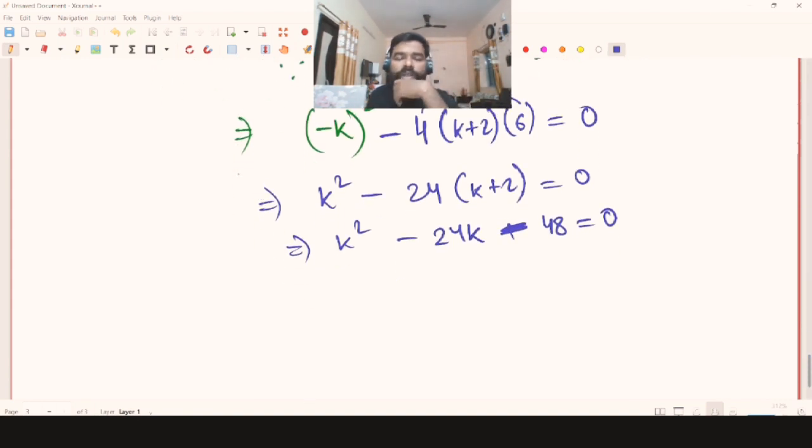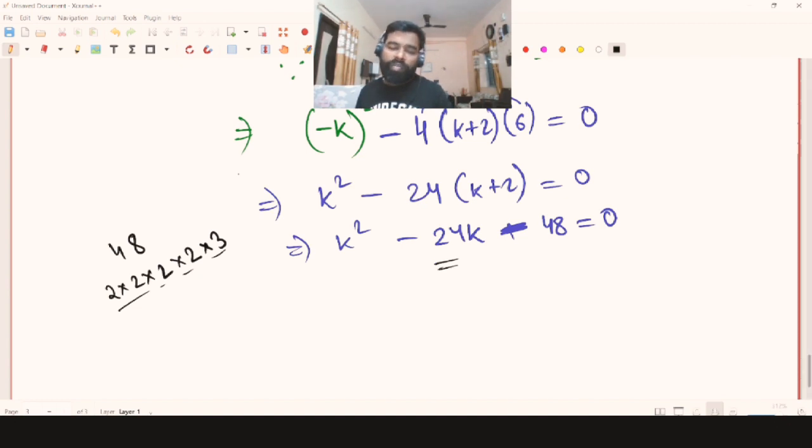So you need to do the middle term splitting here, and you get two values of k. I'll leave it here for this sum, because you can factorize. It's very simple. You just check 48 and factorize it: 2 into 2 into 2 is 8, 8 2s are 16, 16 3s are 48. Now check these and try to get 24. I think it's easy, you can do it.